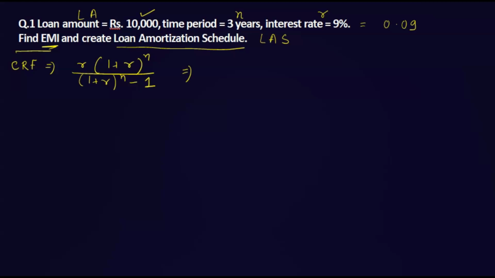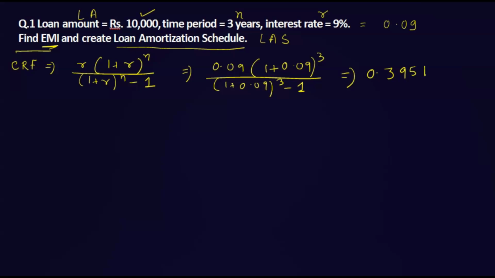We'll put everything in the formula: 0.09 times (1 plus 0.09) to the power 3, divided by (1 plus 0.09) to the power 3 minus 1, and when we solve it with the calculator, we finally get 0.3951.